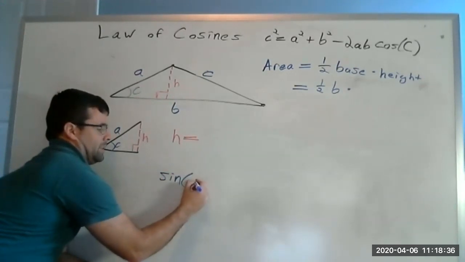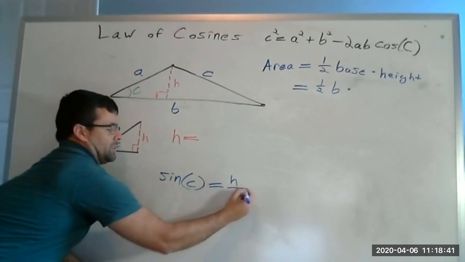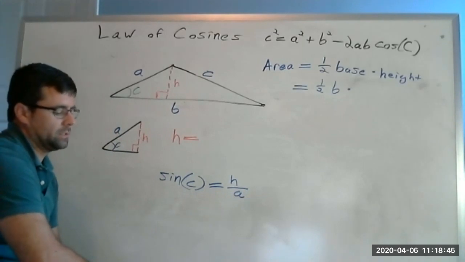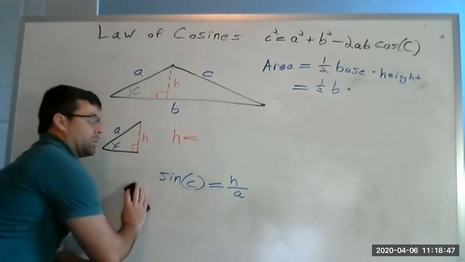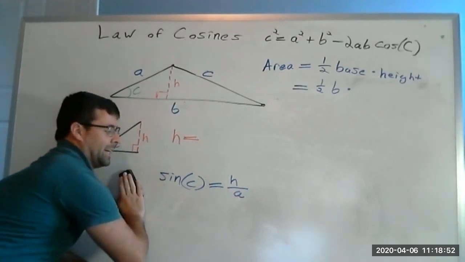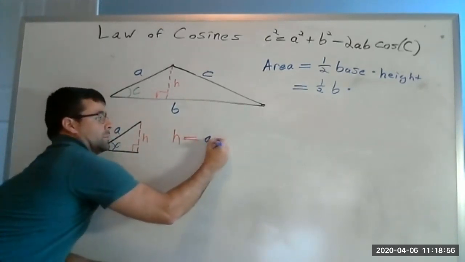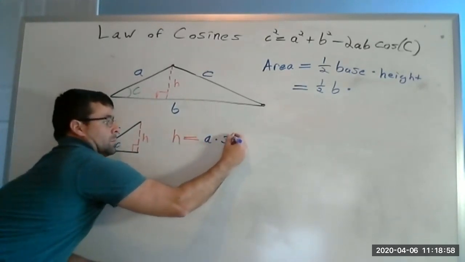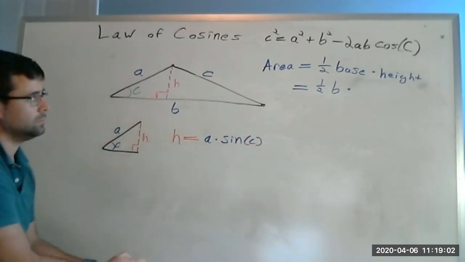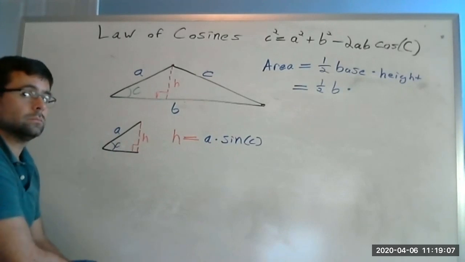Sine of angle C equals opposite over hypotenuse, H over A. So H equals, multiply this up, A times sine C. And there we go.